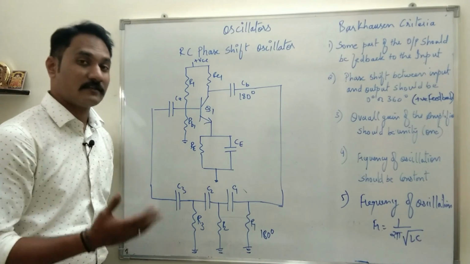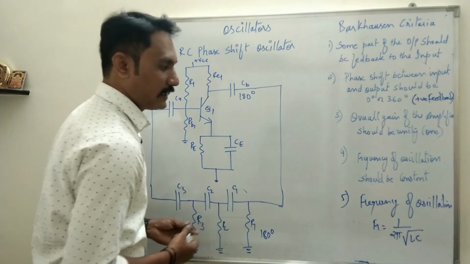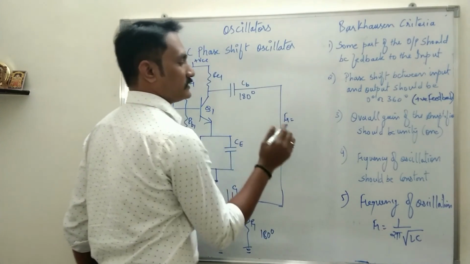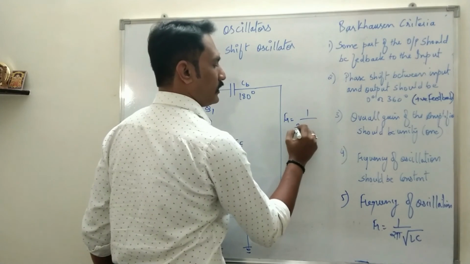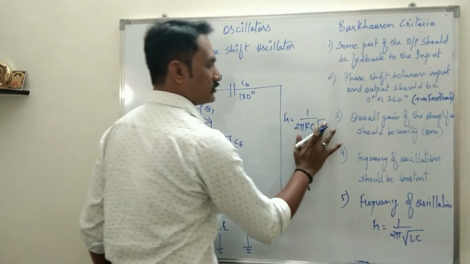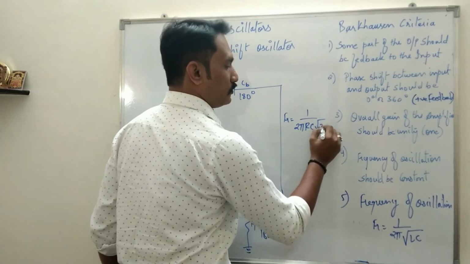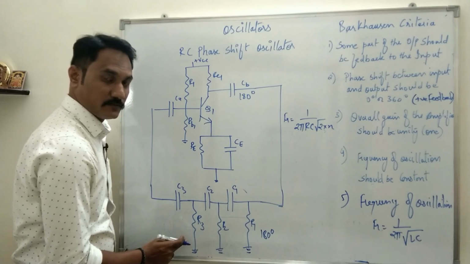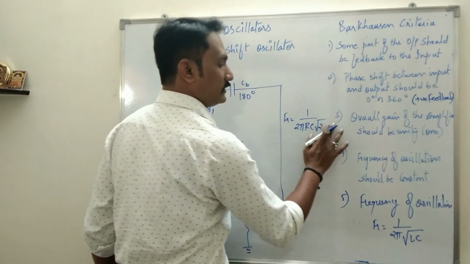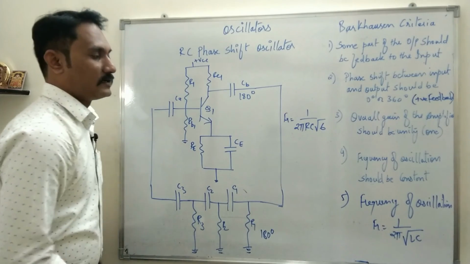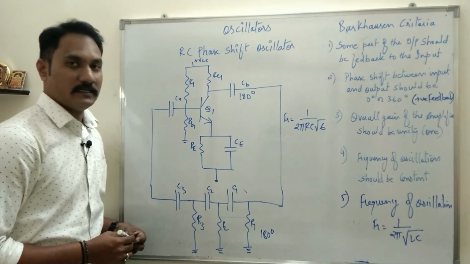What are the factors affecting the frequency of oscillation? The frequency formula for the RC phase shift oscillator is given by 1 upon 2 pi RC under root of 6. Of course, it is 2 into n, where n is the number of sections we have added for RC. We have added 3, so it will be under root of 6. So FR is equal to 1 upon 2 pi RC under root of 6.